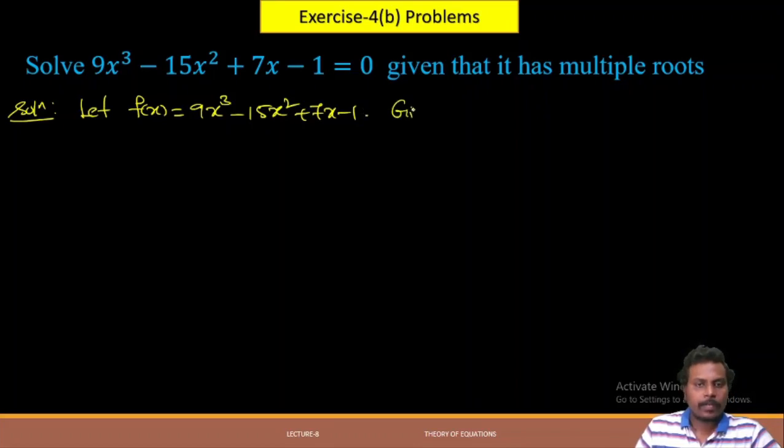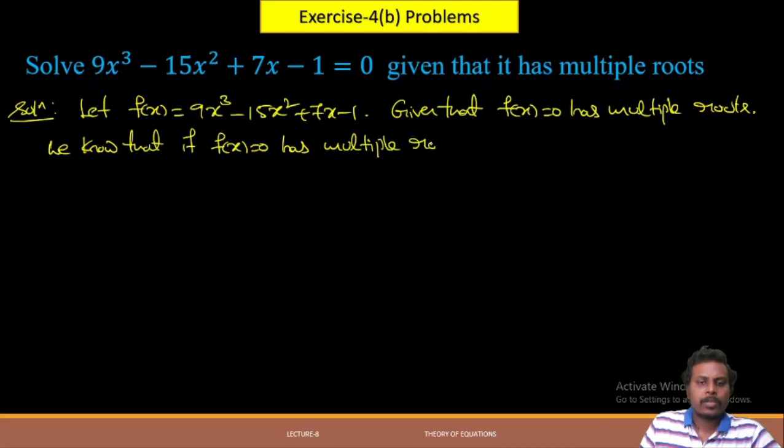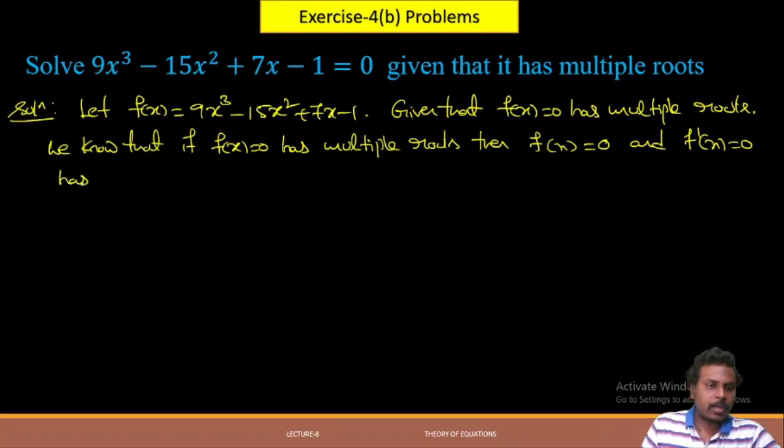Okay, given that f of x is equal to 0 has multiple roots, so we know that if f of x is equal to 0 has multiple roots, then f of x is equal to 0 and f dash x is equal to 0 have a common root.